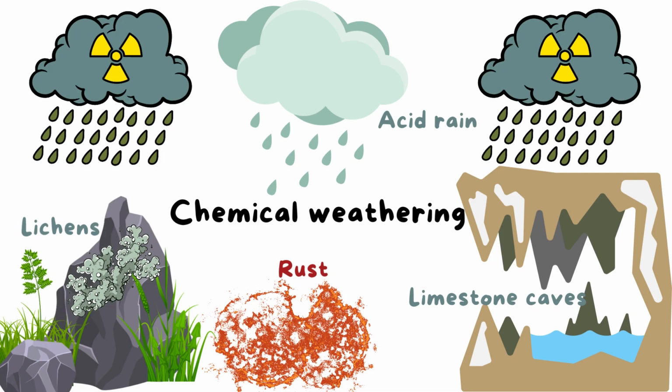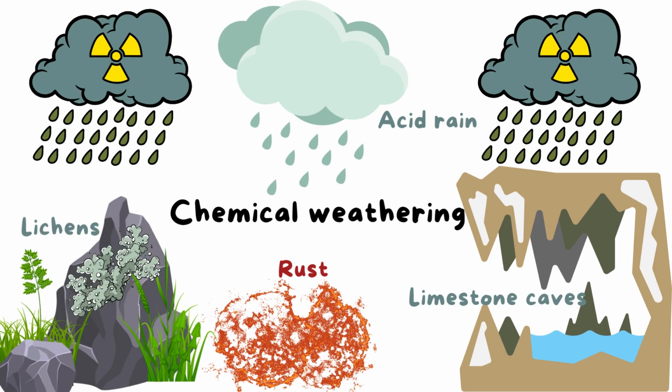Also, the reaction with the acid produced from some living organisms like lichens, which are tiny plant-like organisms that produce acids that cause what? Dissolving of minerals in rocks. Also, we saw the reaction with water, and water can dissolve some minerals from the rocks, and these dissolved minerals can combine together again and form caves like the limestone caves.